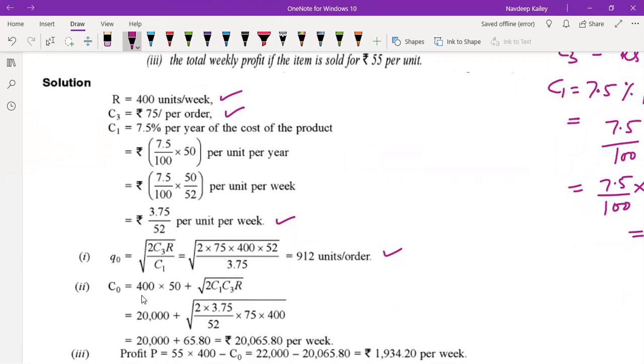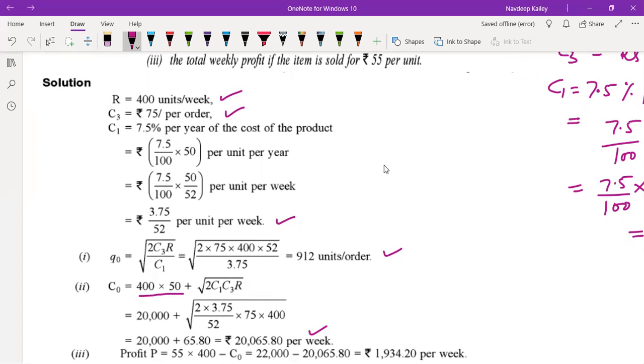Therefore optimal cost is 400 into 50 plus square root 2 C1 C3 R. After putting the values of C1, C3 and R, and after calculations, we will get 20,065 rupees per week.